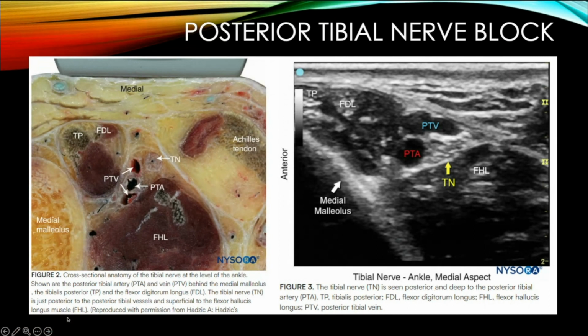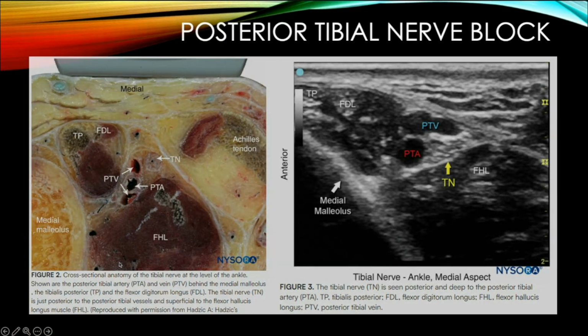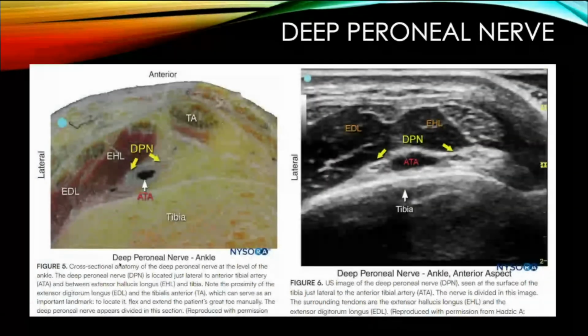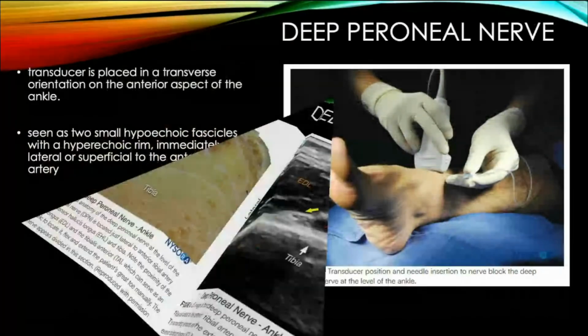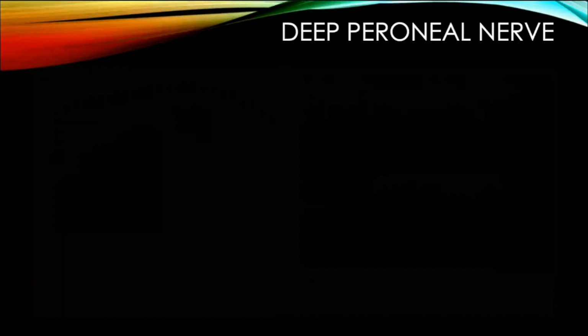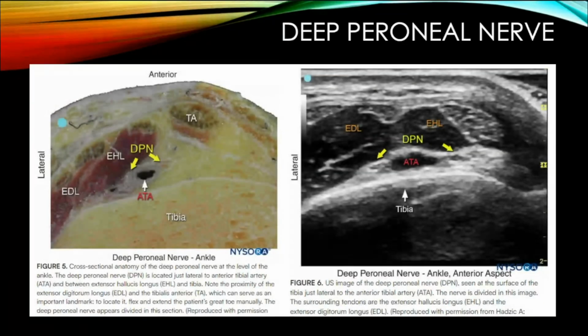If you want to do it under ultrasound, one of the easiest ways is to scan proximal and distal, because you would see it rolling over the anterior tibial artery. So that's the clue: it crosses over from one side to the next as it goes from proximal to distal.